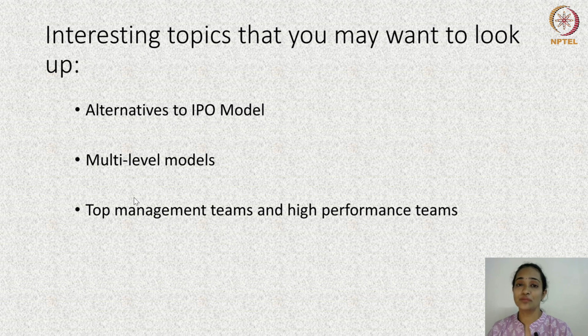In fact, teams are embedded in organizations and they consist of individuals, and therefore these factors also have a great bearing on team performance. So you may want to look at multi-level models which look at how factors from different levels affect team performance. Two other teams which are traditional teams but have not been covered in this lecture are top management teams and high performance teams.